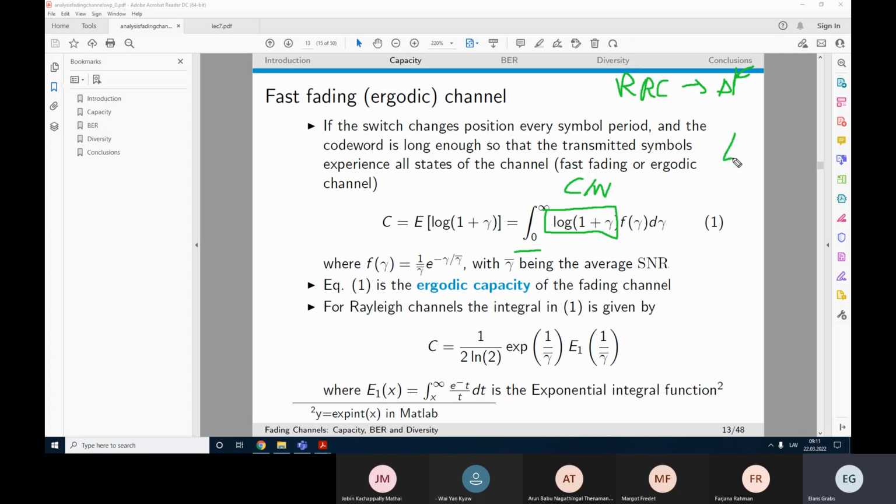For example, in LTE we can have different bandwidths, like 1 megahertz, 2 megahertz, 5 megahertz, even 10 megahertz. For Wi-Fi, we have wider bandwidth, for example, 20 megahertz, 40 megahertz.